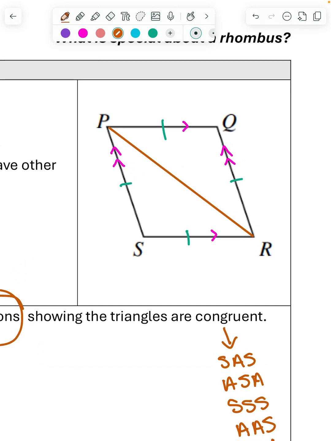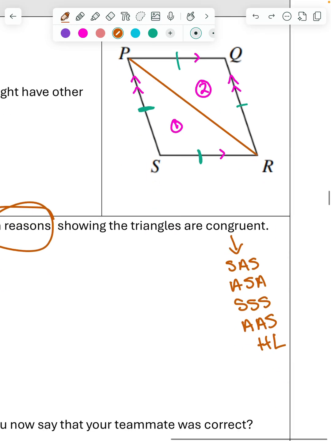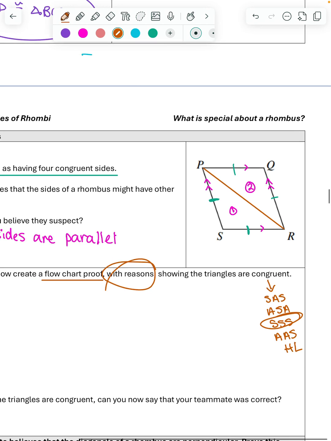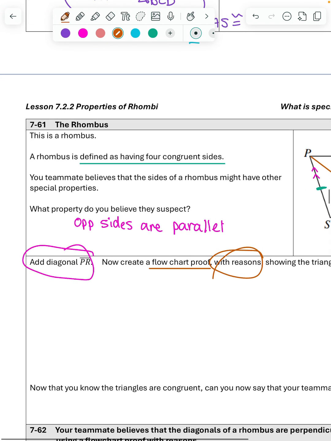Well, we've already looked at triangle 1 and 2, we have one triangle here, another triangle here. We have equal sides, and 2 of them in fact. So side, side. And then we know from the reflexive property that that is a shared side right there. So we are going to use side, side, side congruence to prove that those 2 triangles are congruent.